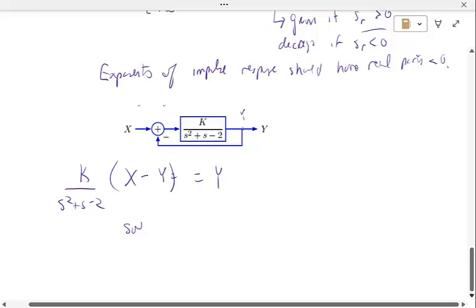And then you need to solve for y over x. Okay, and that's going to be some polynomial in s. And then what you want to do is find the poles.